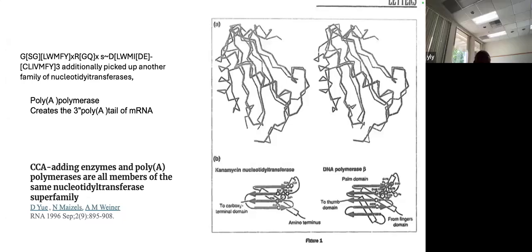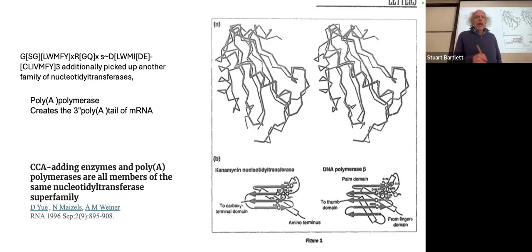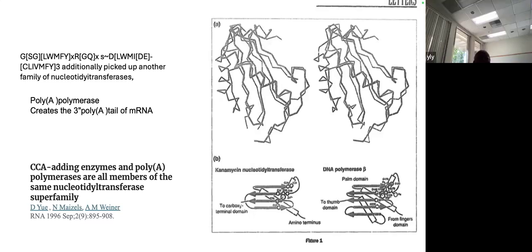And it's inactivated by this enzyme that puts ATP onto the kanamycin and nullifies it. So it turned out that when they crystallized this DNA polymerase beta, they found that it had the same structure as the kanamycin nucleotidyl transferase.